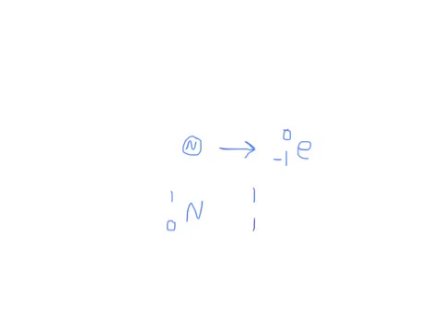A particle that has a mass of 1 and a charge of 1 is called a proton. So what happens in this type of nuclear decay, which is called beta decay, is that a neutron spits out an electron and decays into a proton. So let's go back to that problem and see what we've got here.